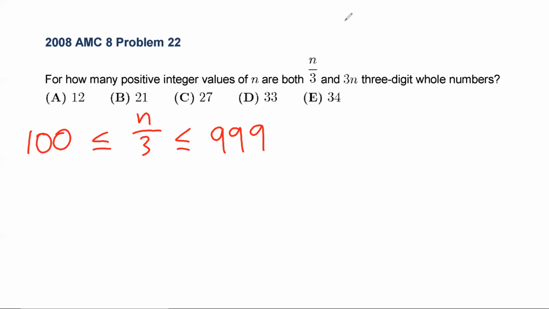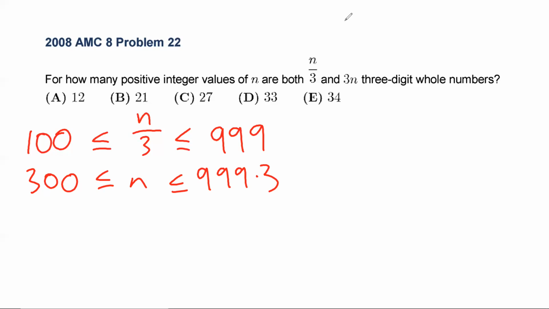So if you isolate n and multiply both sides by 3, you get 300 is less than or equal to n is less than or equal to 999 times 3.